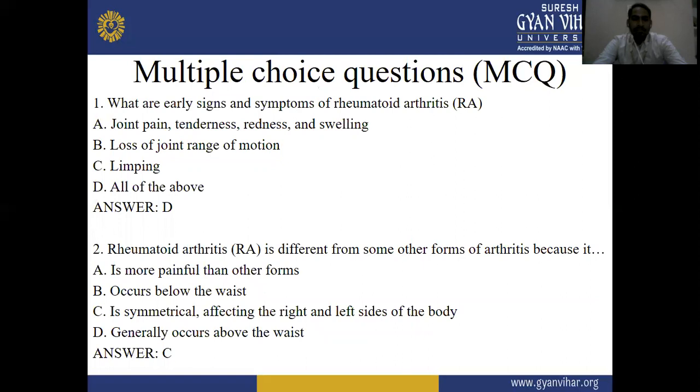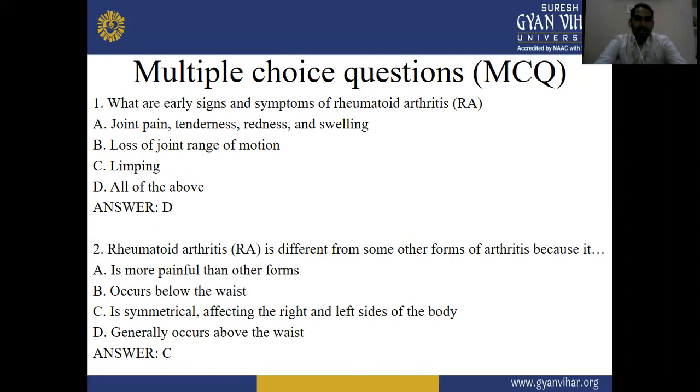Option A is joint pain, tenderness, redness, and swelling. Option B, loss of joint range of motion. Option C is limping. And option D is all of the above. The right answer is D, all of the above.